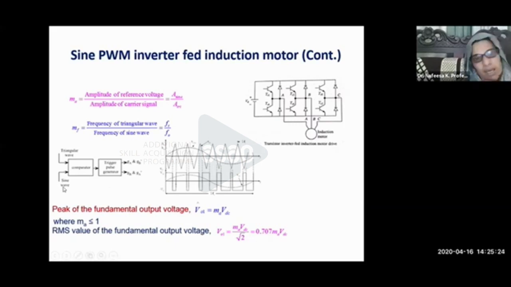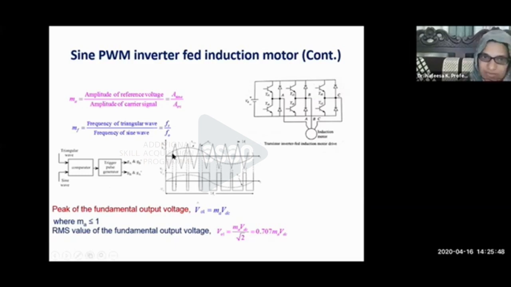And then, how is this pulse width modulation? By controlling the pulse width, we are able to control the output voltage. You will see how these outputs come. Here we are comparing the sinusoidal waveform with the triangular wave. This is our control wave, or we can call it the reference wave.